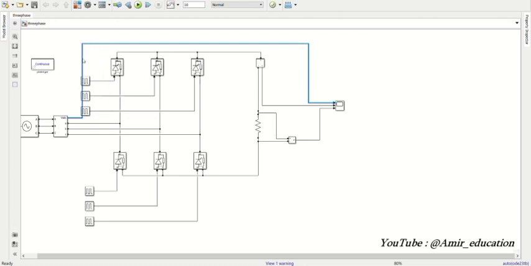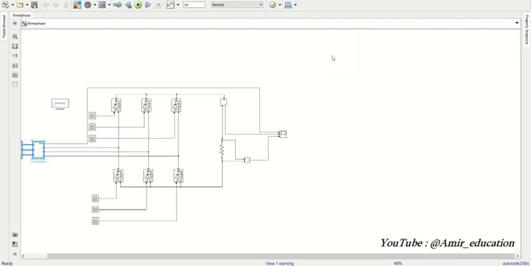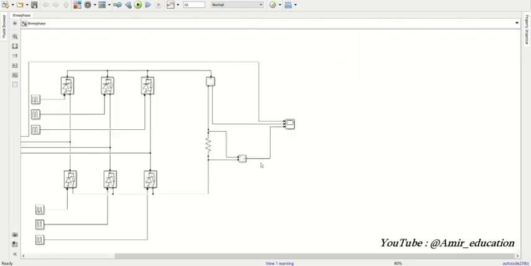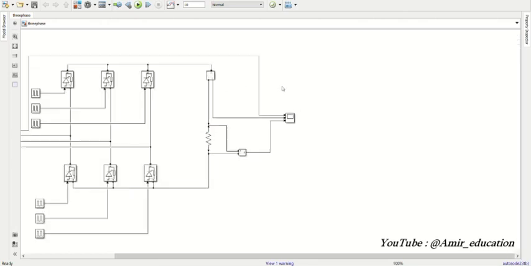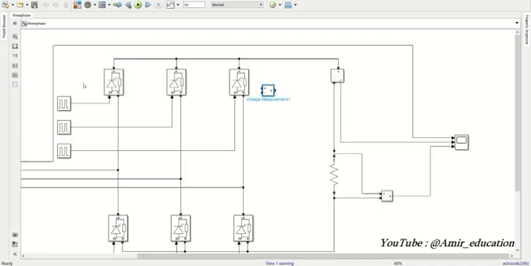I always try to make my lines straight. In that way, I can easily recognize the errors in my circuit. And we need voltage measurements for our thyristors.